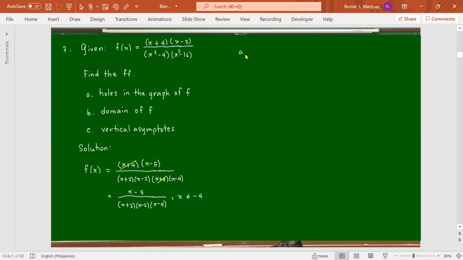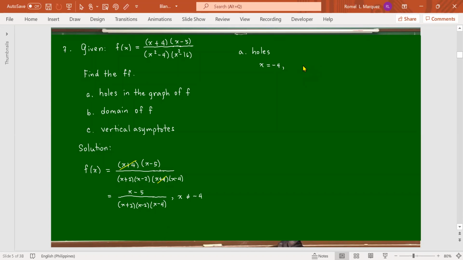So for letter A, holes. The x coordinate of the hole is x equals negative 4. We can solve for the corresponding y value of the hole by substituting negative 4 into the simplified equation.